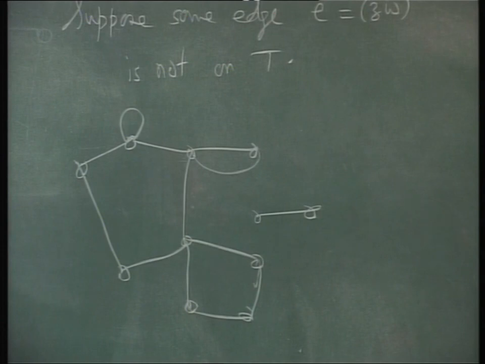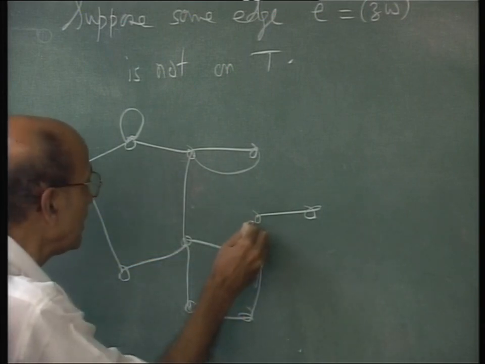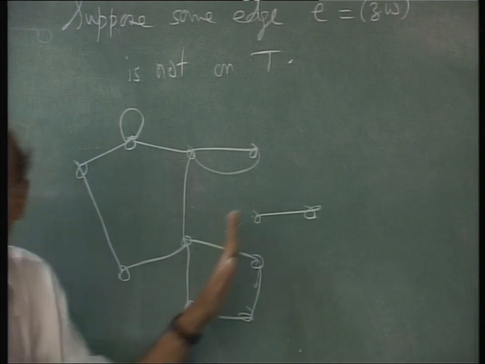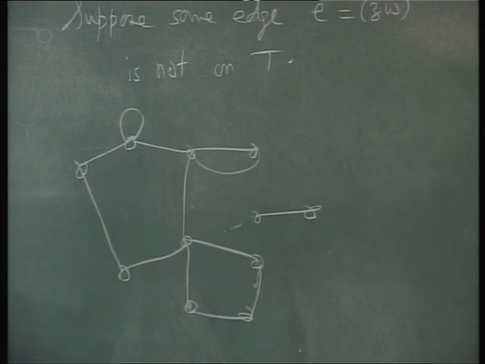But the graph is connected. Therefore, this cannot be in a different component. That means from this there must be some path leading to T. This whole thing is T.